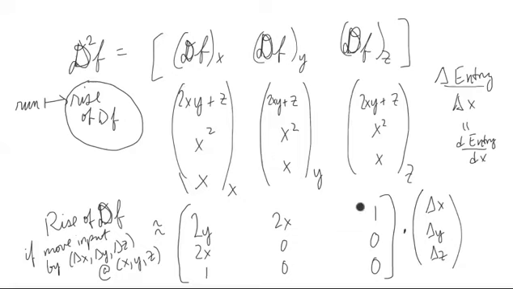We end up getting this matrix. And then what we do at our test point, we want to see if it's a minimum or maximum. We put in x, y, and z into this matrix, and then we have some things that we can do on this particular matrix to see if it's a minimum or a maximum. And it just simply has to do with seeing if all the eigenvalues are positive or all the eigenvalues are negative, or if some of each, that would mean that it's neither a maximum or a minimum.